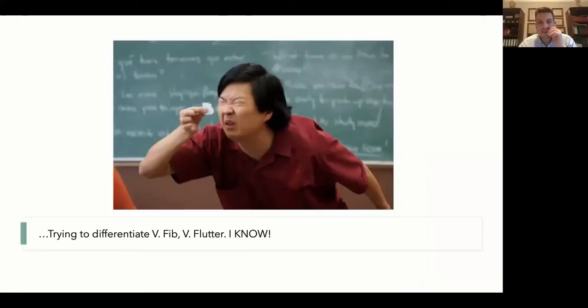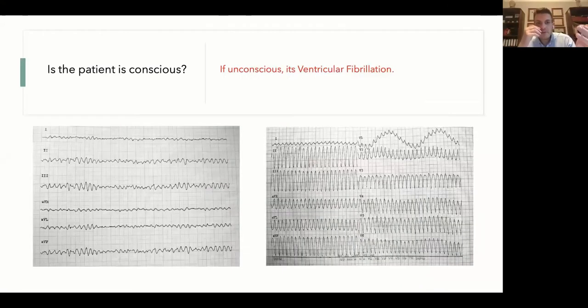And there's a very simple trick to differentiate the one from the other. I really want the older guys to pay attention here, because in order to differentiate polymorphic ventricular tachycardia from ventricular fibrillation, there's one question you need to ask. And the question is, is the patient conscious?